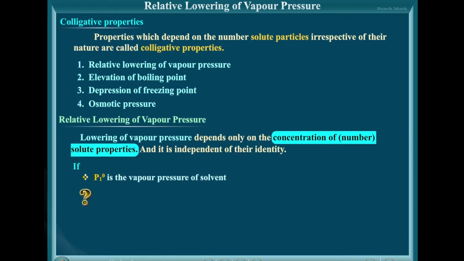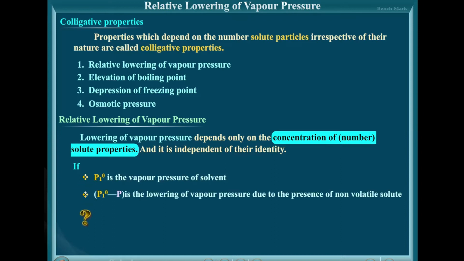Consider P1 naught, the vapor pressure of the pure solvent. So let P1 naught be the vapor pressure of the pure solvent. P1 naught minus P is the lowering of vapor pressure due to the presence of the non-volatile solute, the reason for which I have discussed in my previous video.